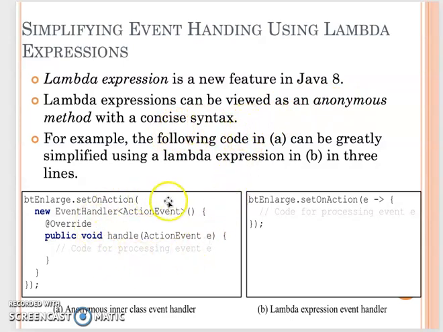We start from the anonymous inner class because it helps you more easily see where the lambda expression came from. Since we don't care about the class name, and the event handler is always implemented as a subclass of the event handler interface, we don't have to add that.